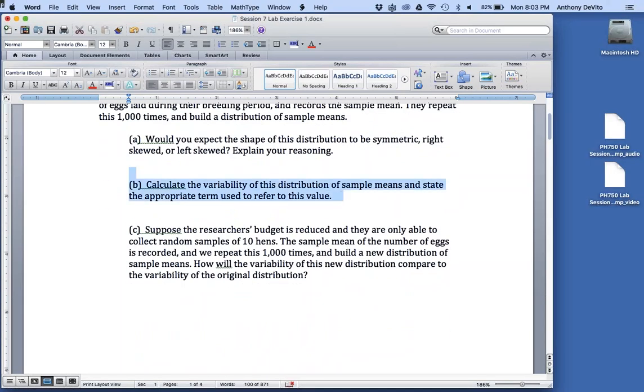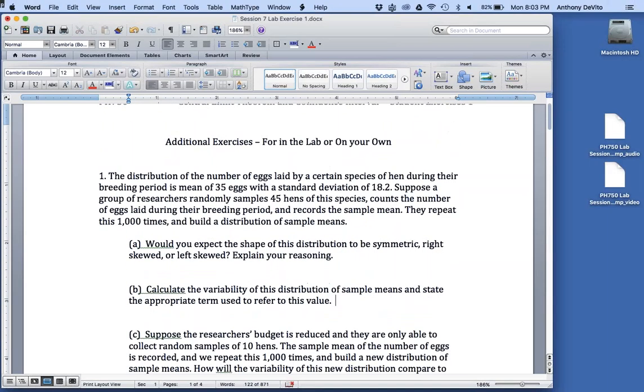Calculate the variability of this distribution of sample means and state the appropriate term to use to refer to this. Okay, so now we have 35 eggs, a standard deviation of 18.2, and we're going to randomly sample 45 hens. So our sample size is 45, and our standard deviation for the population is 18.2.